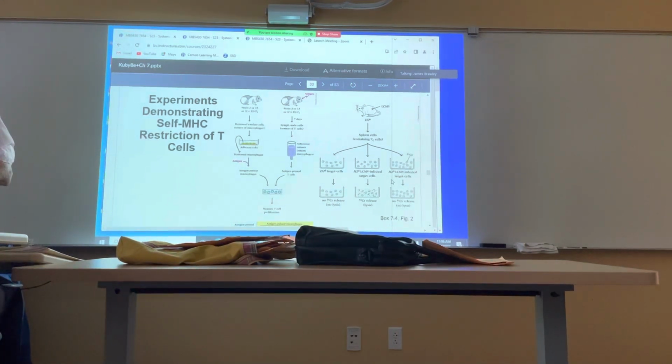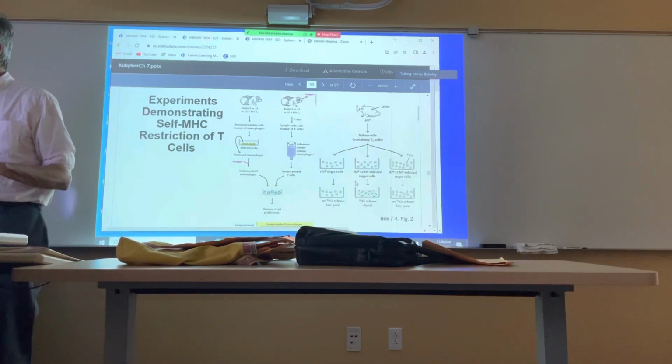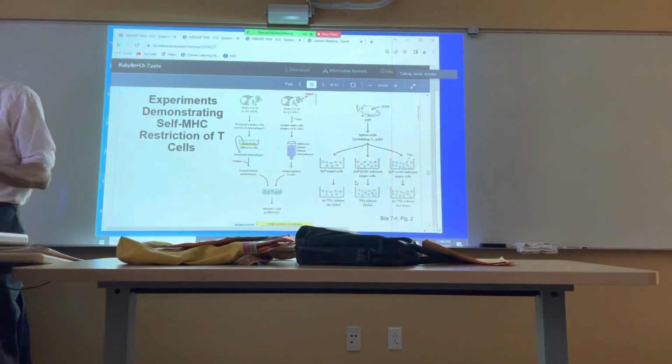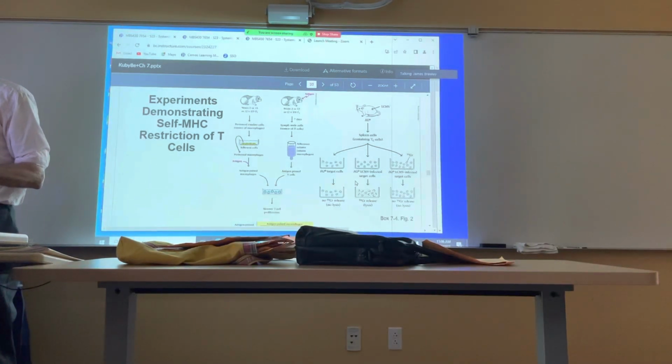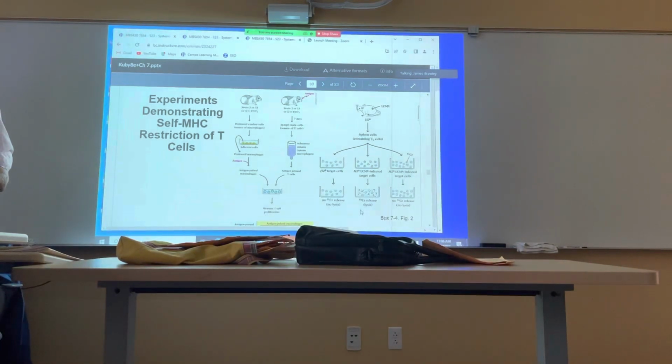The experiment in the middle, with the target cells from the same strain of mice that were infected, they are killed, leading to release of chromium-51.